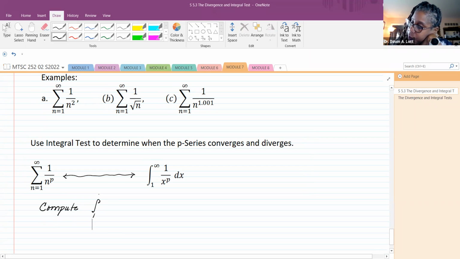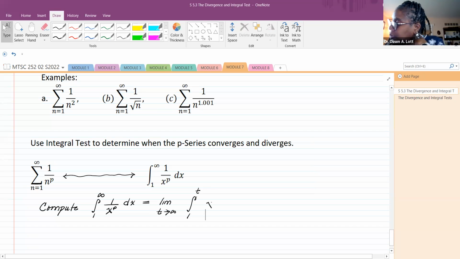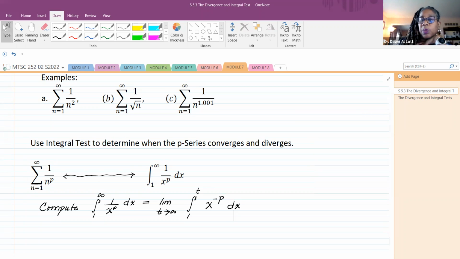So we will compute the integral from 1 to infinity of 1 over x to the p dx. Now that's the limit as t approaches infinity of the integral from 1 to t. And I'm going to write this as x to the negative p dx, because that's a much easier way to integrate this.